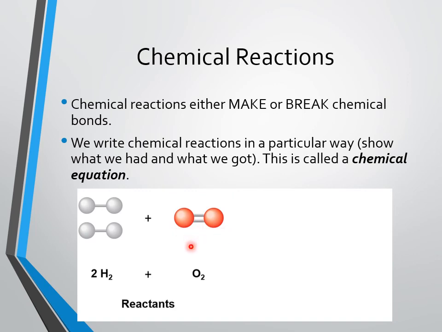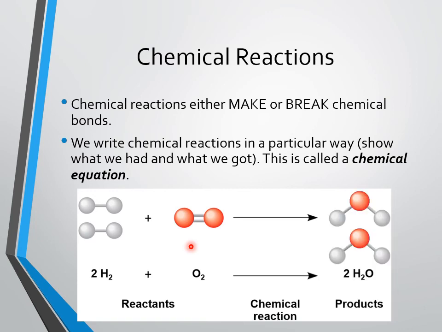Those are your reactants. That's going to be on the left-hand side of your equation. That's what we started with. When we combine these 2 things together, we have a chemical reaction, and you get 2 molecules of water. And these are your products. The products will always be on the right-hand side of the equation.